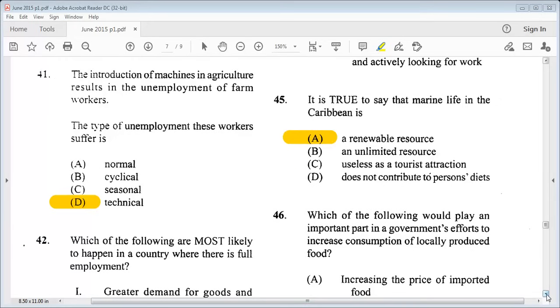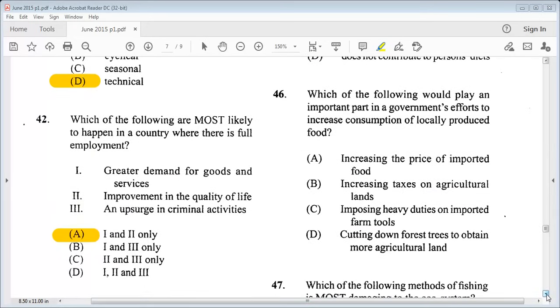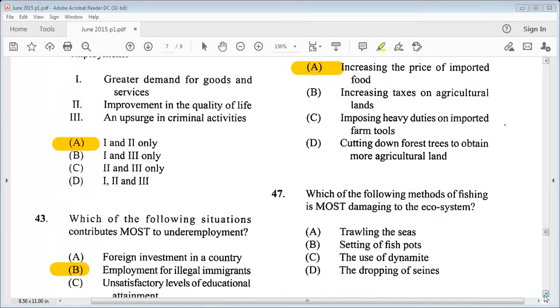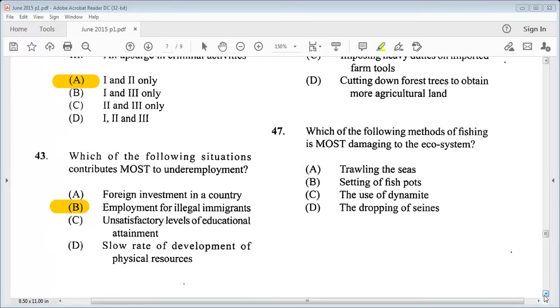46 says, which of the following would play an important part in a government's efforts to increase consumption of locally produced goods? We know our answer would be A, increasing the price of imported goods. 47 says, which of the following methods of fishing is most damaging to the ecosystem?